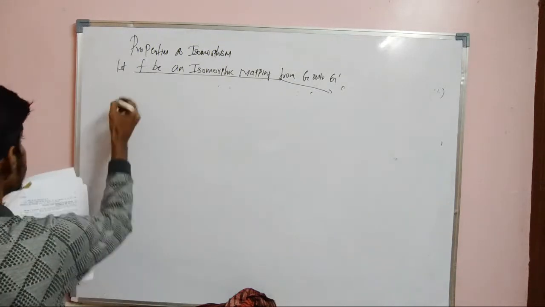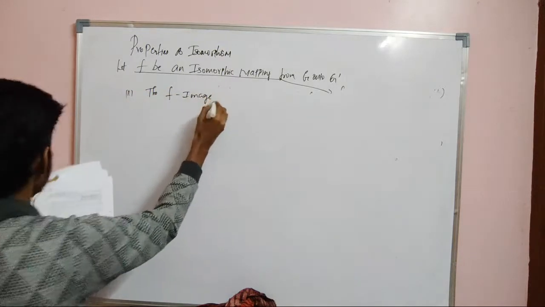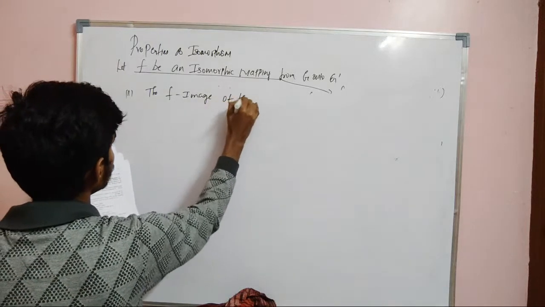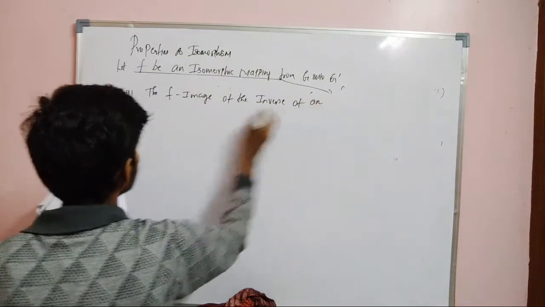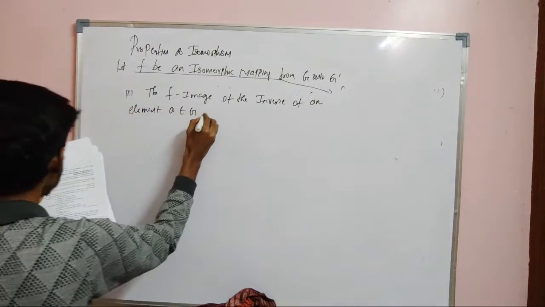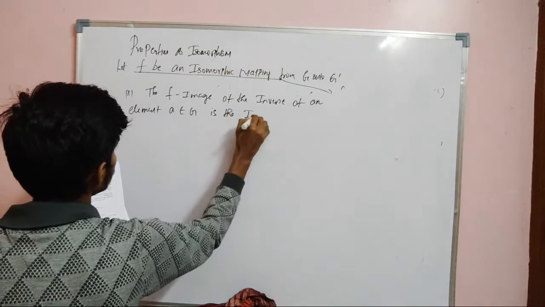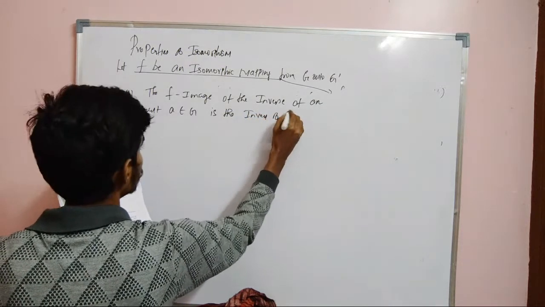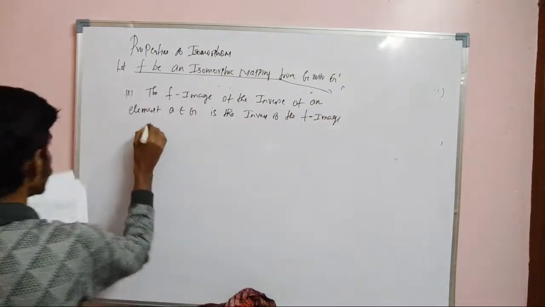Now, the second property is the f image of the inverse of an element a in G is the inverse of the f image of a.